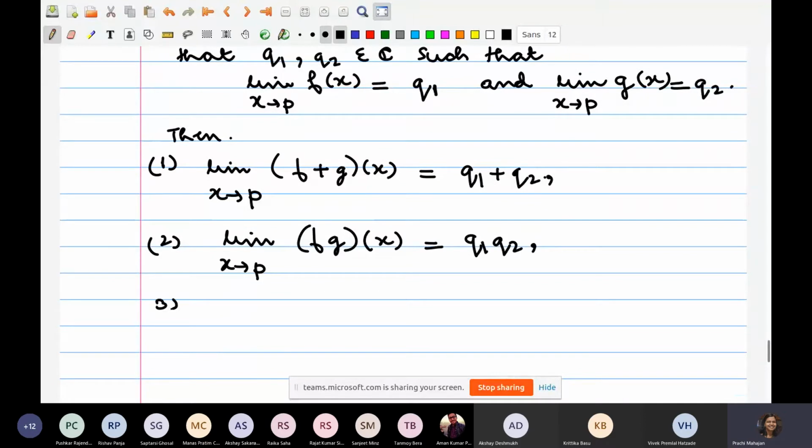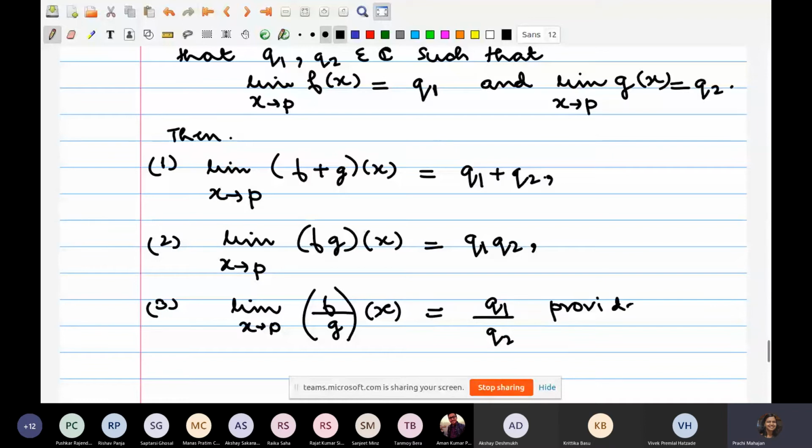And the third is the quotient. Looking at the function f by g, this is the quotient Q1 by Q2 provided it makes sense, which means that Q2 is different from 0. So limit of the quotient is quotient of the limits provided the limit exists, and the second limit is different from 0.